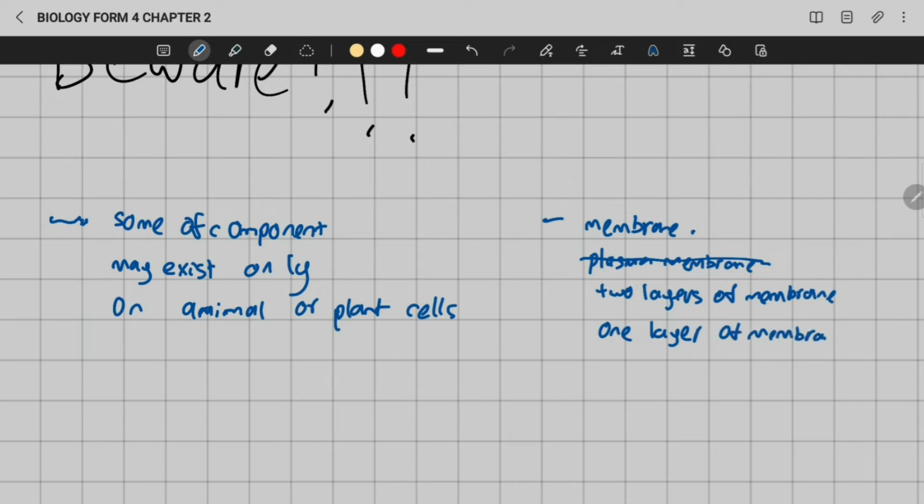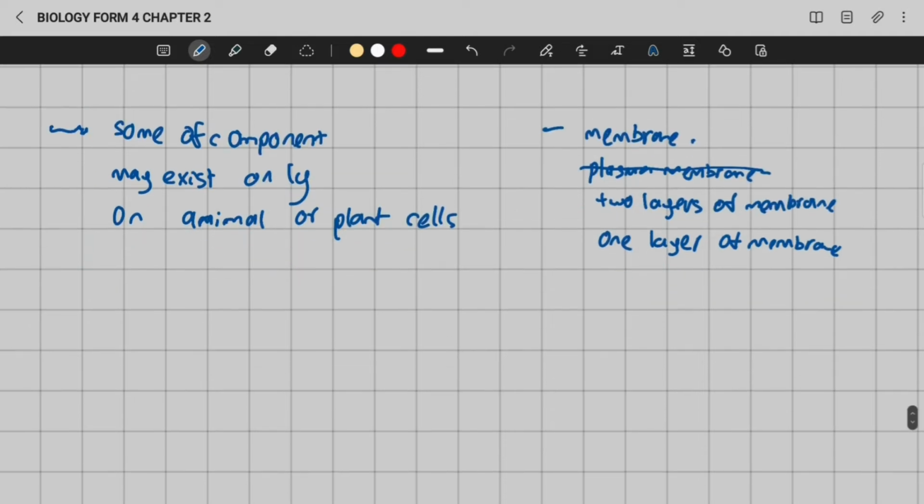You should know this because the cell component with two layers of membrane is special. It's always asked in the questions, so I hope that you take note about it.